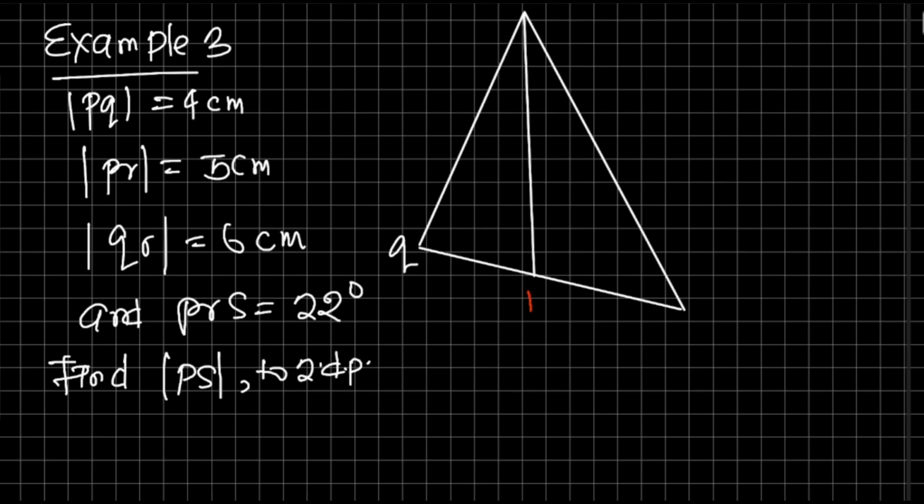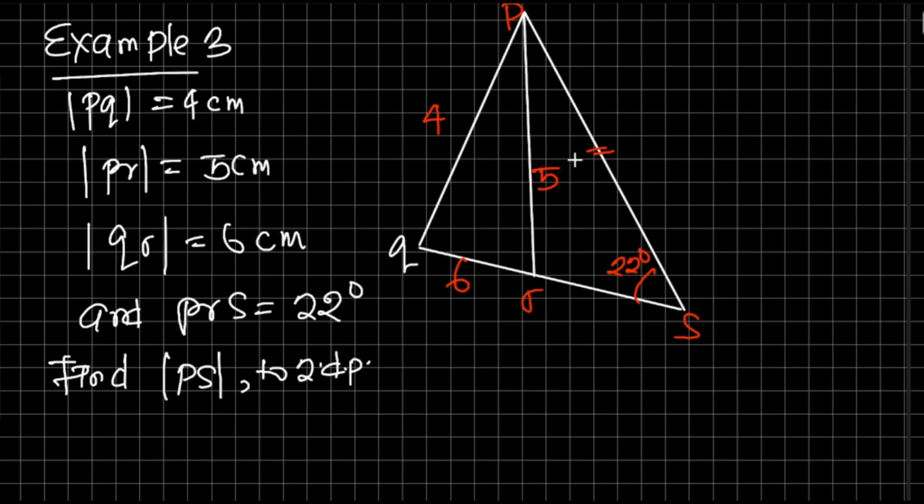This is R, this is S, and this is P. So this side is 4, this side is 5, this side is 6, this angle is 22. We are looking for PS, this side. So this is the side we are looking for.